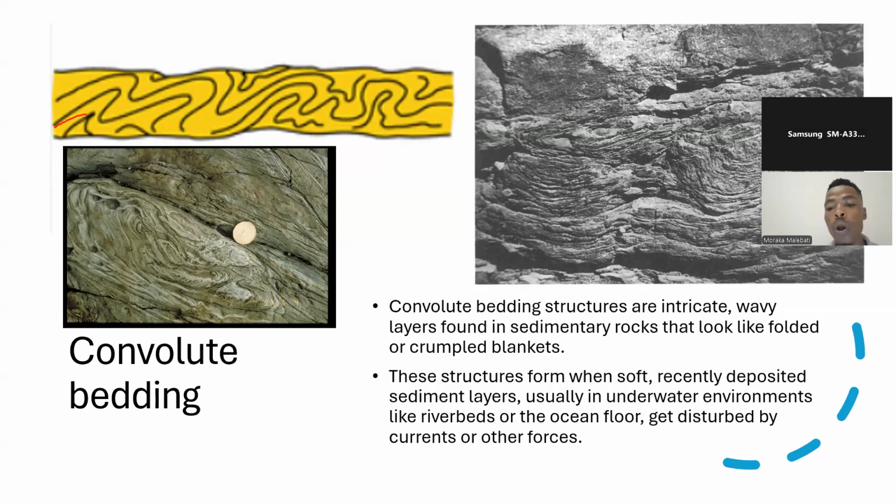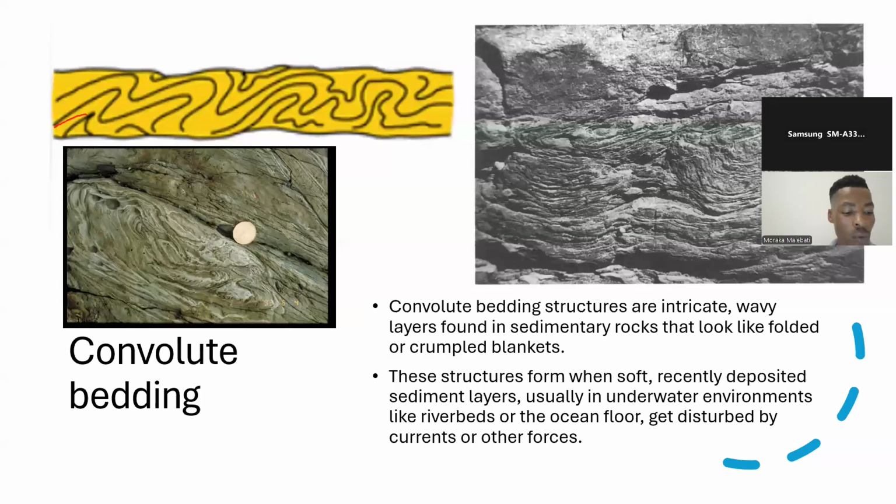These structures form when soft, recently deposited sediment layers, usually in underwater environments like riverbeds or the ocean floor, get disturbed by currents or other forces. So they are usually found in underwater environments.